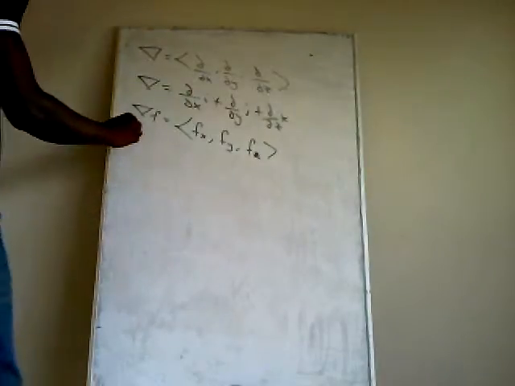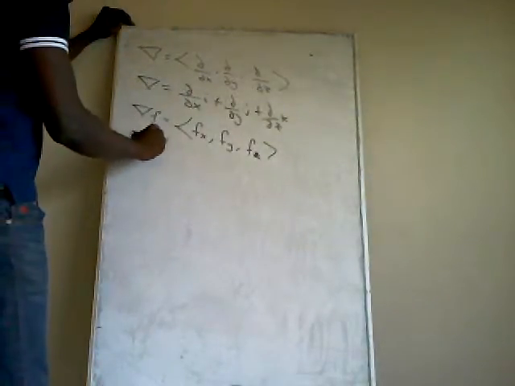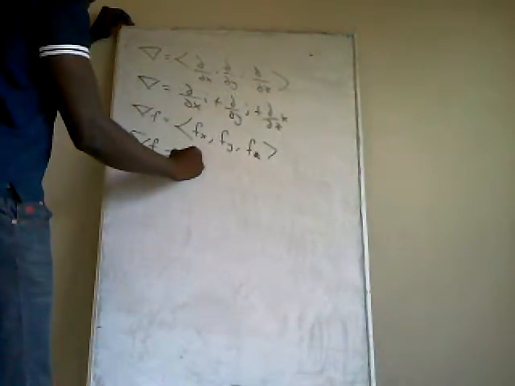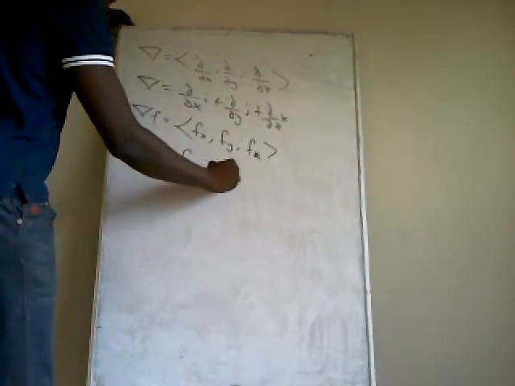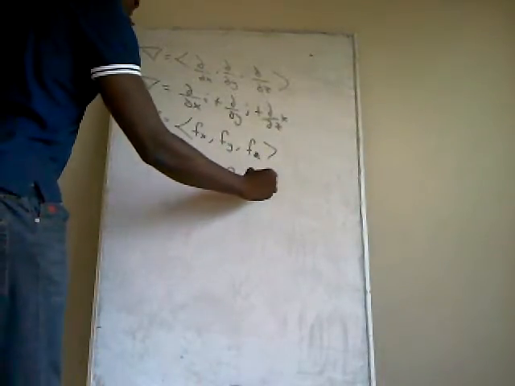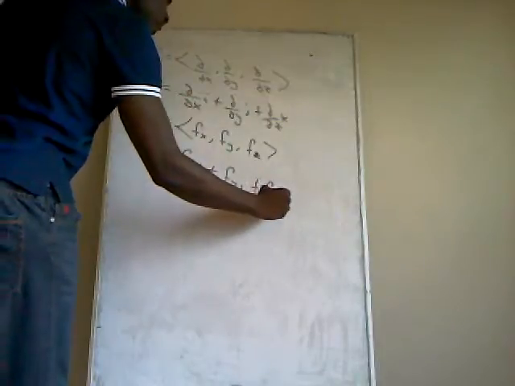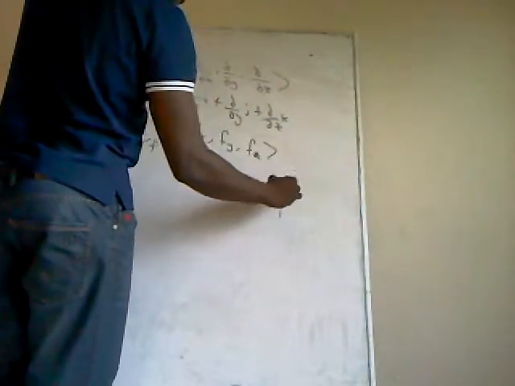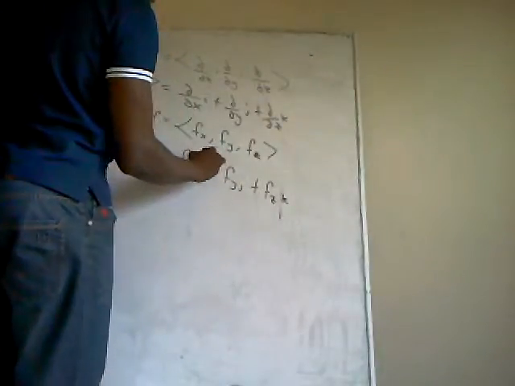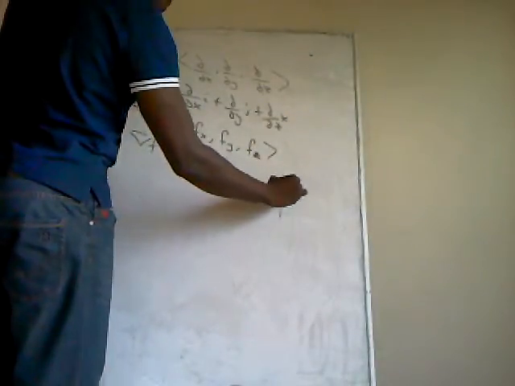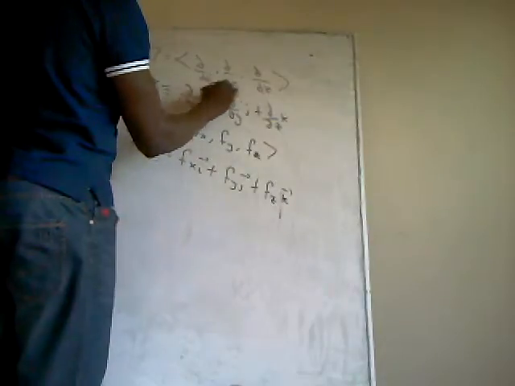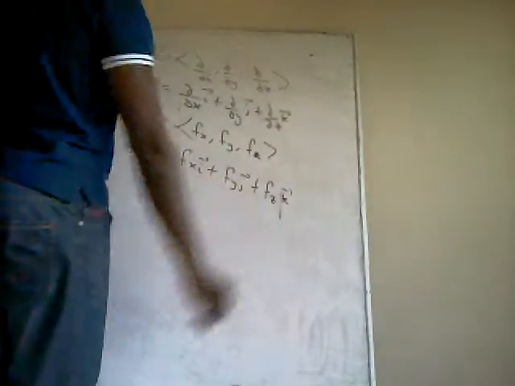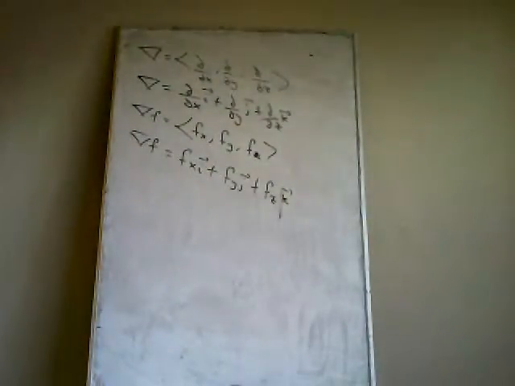And it can also be written as fx i plus fy j plus fz k. These are vectors, so we put the notation to show you they are vectors.